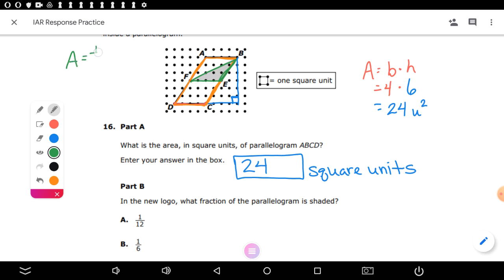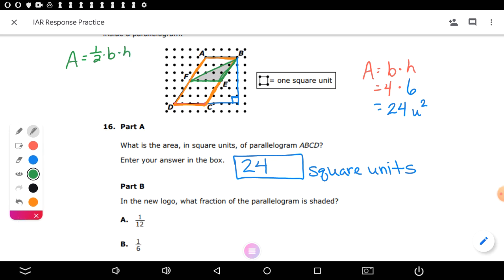Okay, so we could do 1/2 times base times height. What's the other one that we could also use? Base times height divided by 2. It doesn't matter. On that triangle, what is the base? What is the base, Harper? Okay, yeah, line FE, but how long is it? 4.